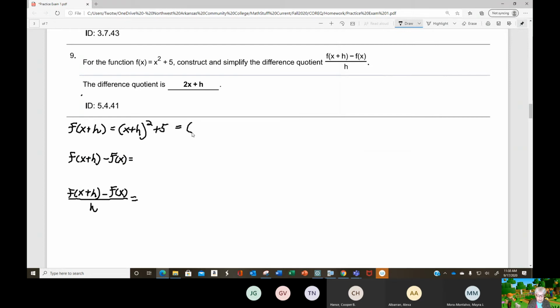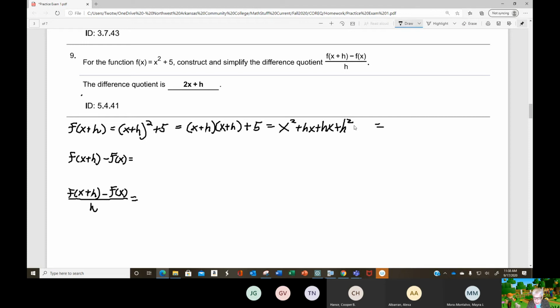And that equals plus 5. That was supposed to be a plus.